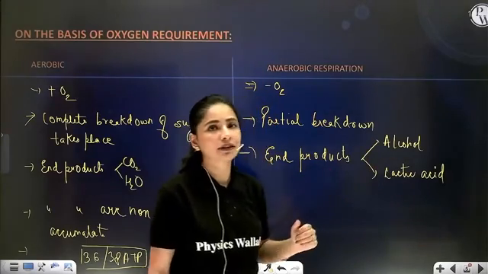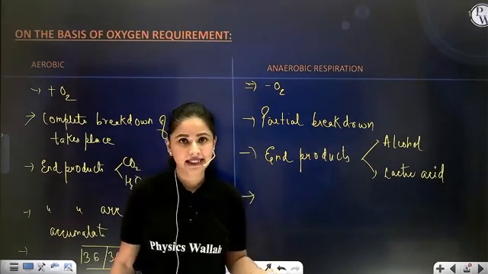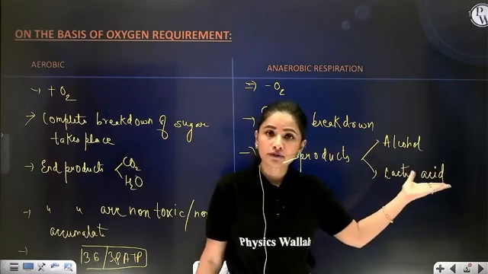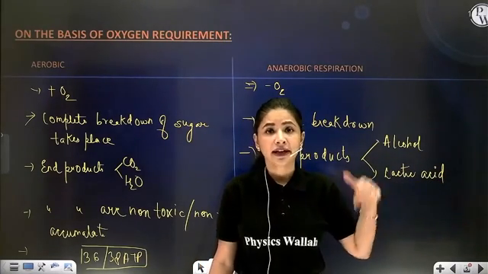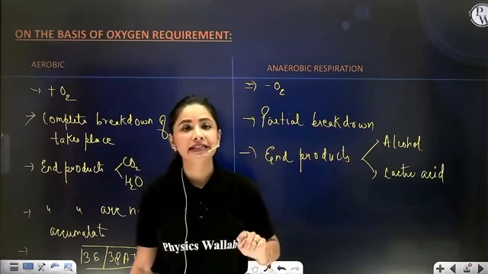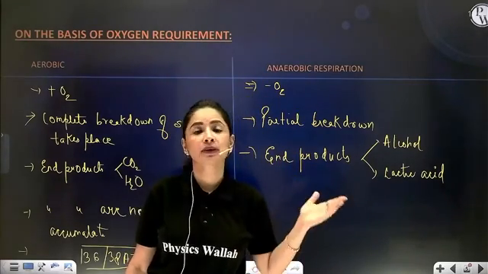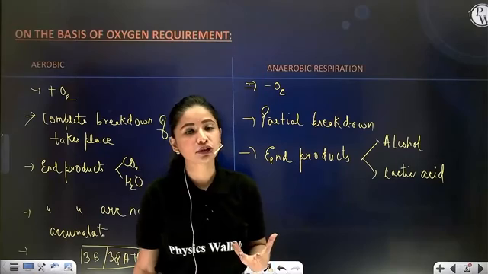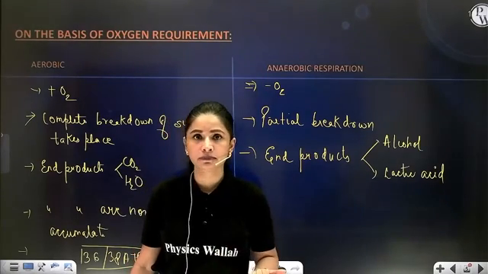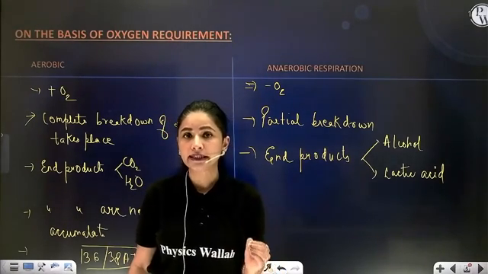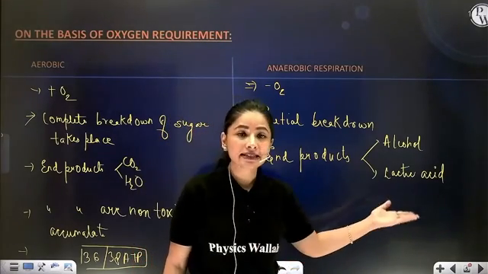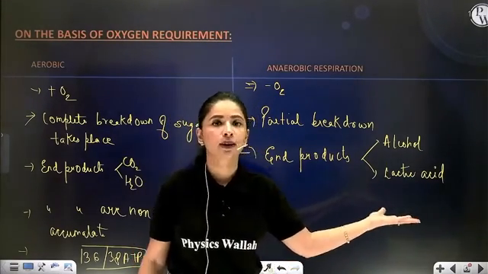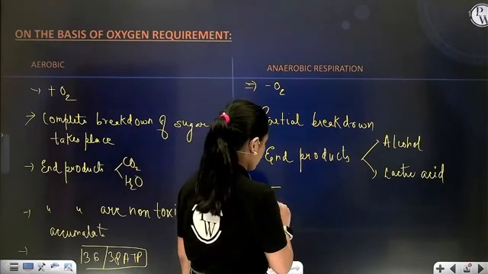So you can say they are accumulable as well as they can be toxic. If I talk about alcohol, usually yeast cells perform alcoholic fermentation, they perform anaerobic respiration. And if this alcohol produced in yeast cells starts getting accumulated, and if the percentage in their body reaches beyond 13%, then it can also lead to the death of yeast cells. So we can also say that these end products can be toxic as well as accumulable.